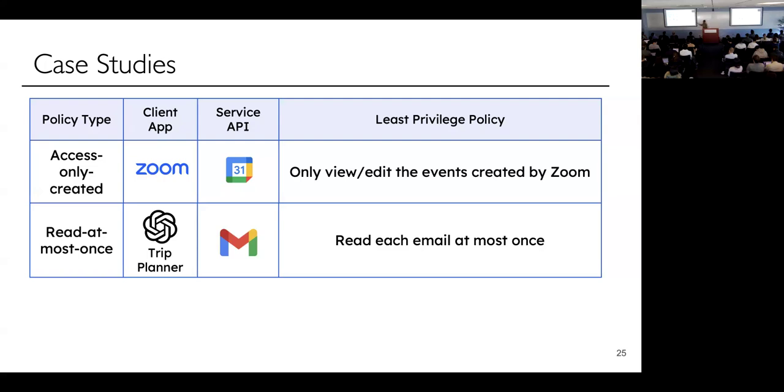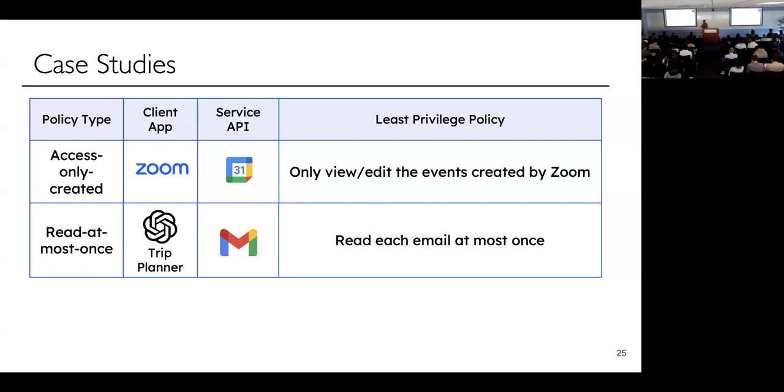If you think about it, if you ask ChatGPT, hey, just give me my flight details, does it really need to read all of your emails at all points in time, however many times it wants? Wouldn't it be nice if you could enforce this, where you tell ChatGPT, hey, read this flight email, it reads it and it's done? It reads that particular email object once, you look at your flight details, you take your flight, you're done.